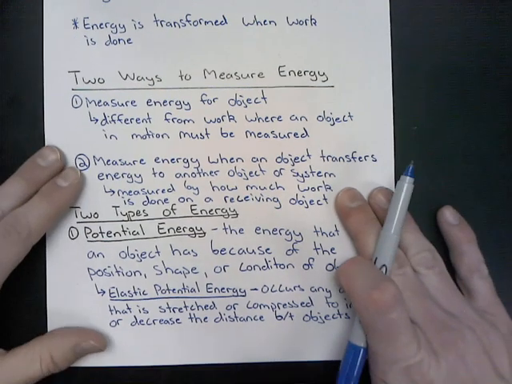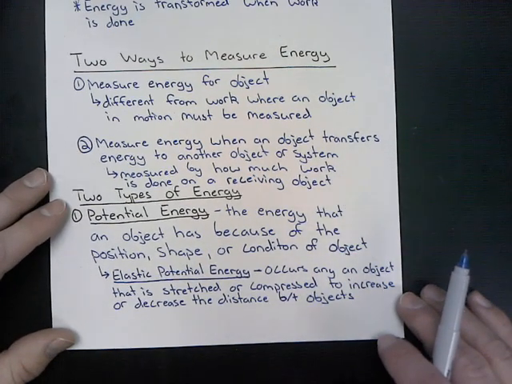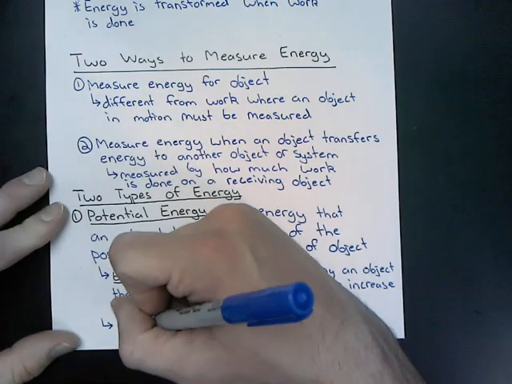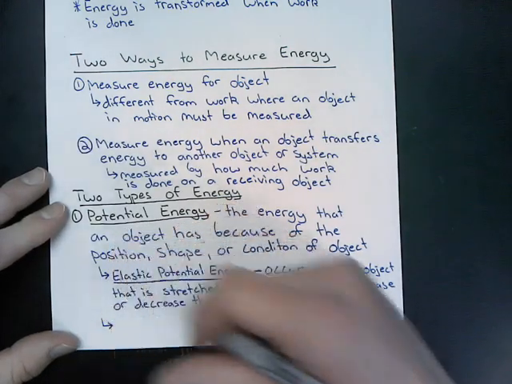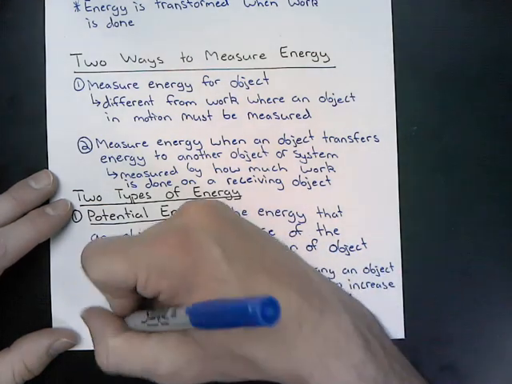The other type or category of potential energy is gravitational potential energy. Gravitational potential energy is defined as any system of two or more objects separated by a vertical distance that has potential energy.